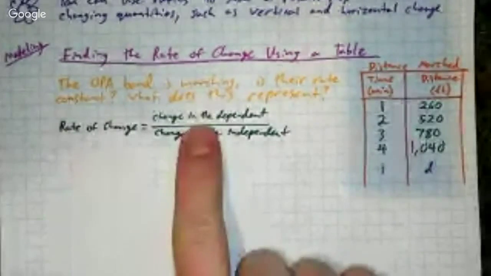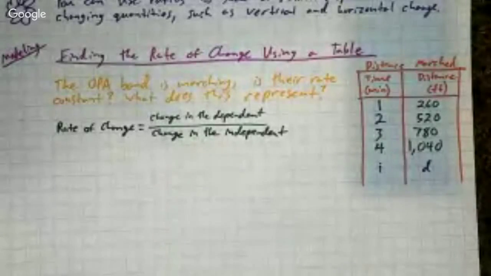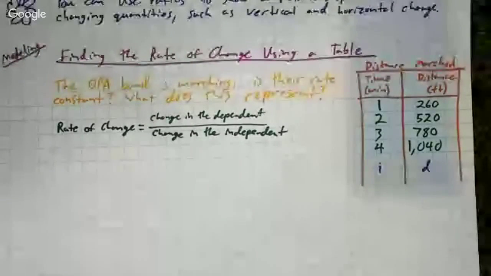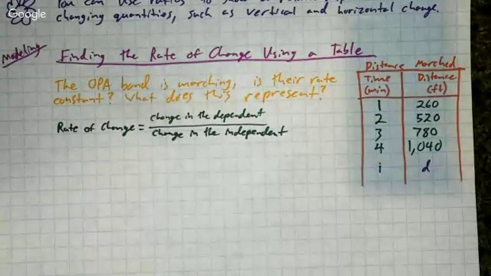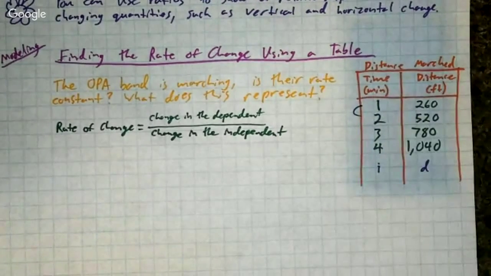So our rate of change is going to be seen by the change in the distance over the change in the times. And now you're going to start to see some real similarities to our unit rates. So think back to when we were doing unit rates. The first thing we do is choose two of the rows. Well, it's easiest to just choose the first two.